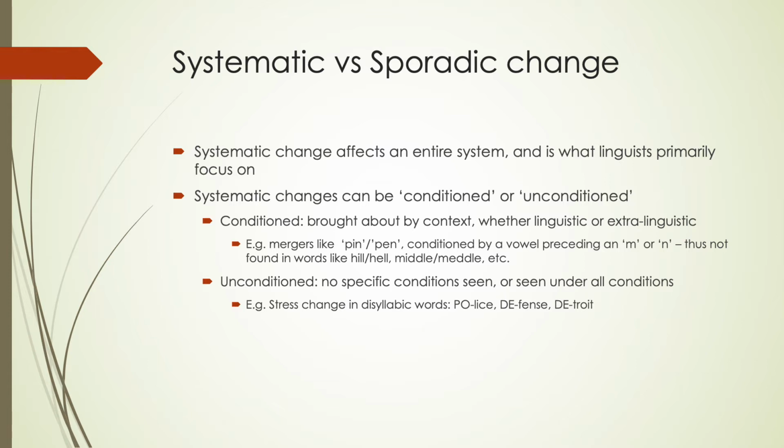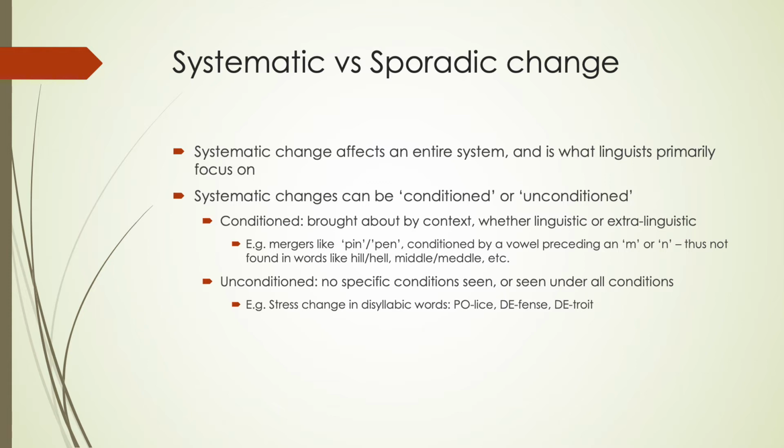So sometimes you might hear certain people say police instead of police, or defense instead of defense, or Detroit instead of Detroit, where there doesn't seem to be a specific reason why this is happening. We don't see it across words that have a sort of systematic explanation for it, but we do see this in disyllabic words in some dialects and not in others.